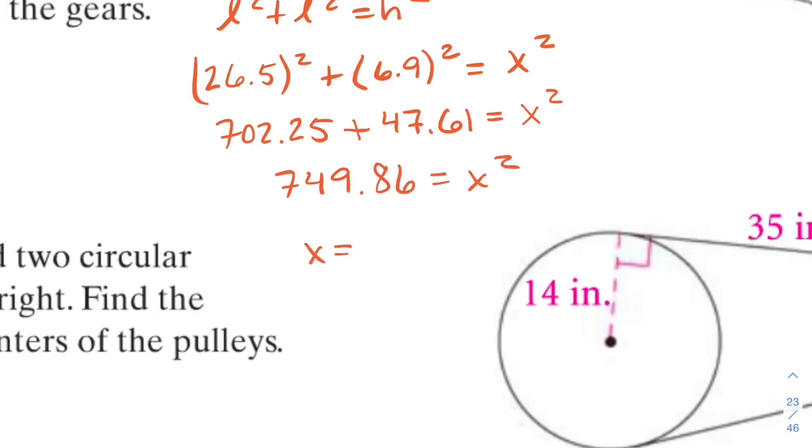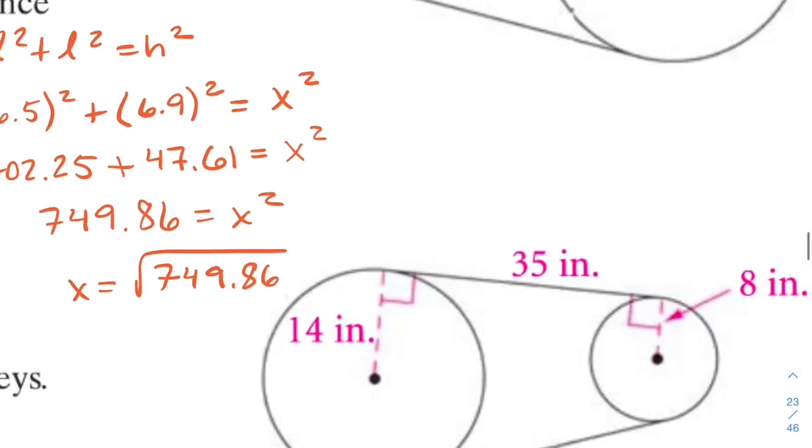So x is equal to the square root of that. Now, this is a real world problem, so I'm not going to leave it in radical form. I'm going to approximate. So x approximately equals 27.3835.